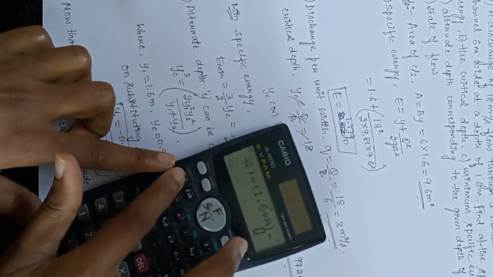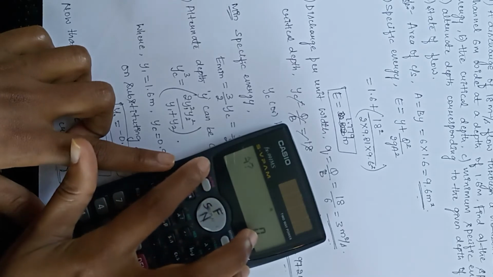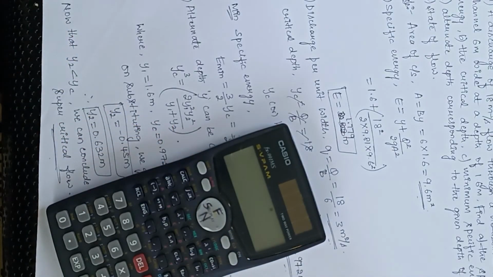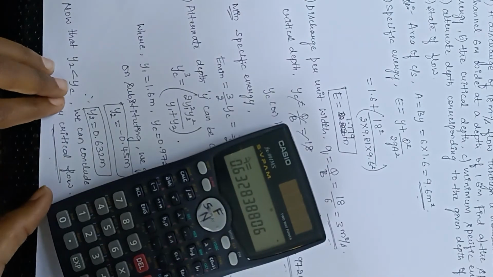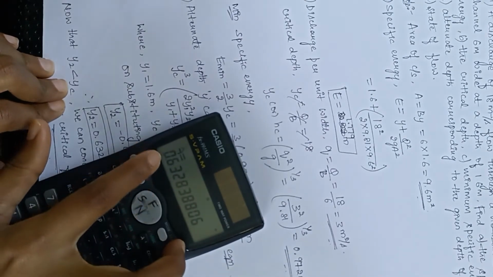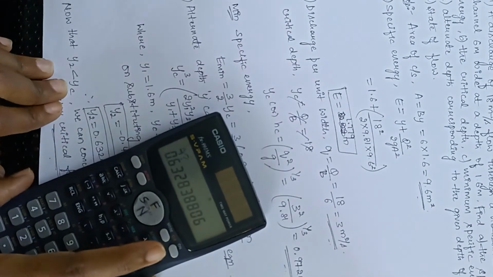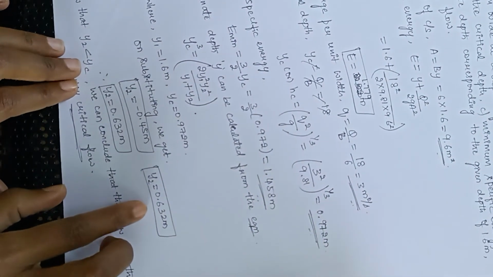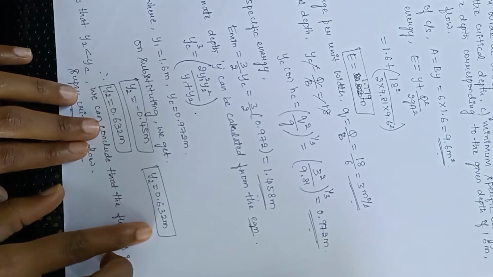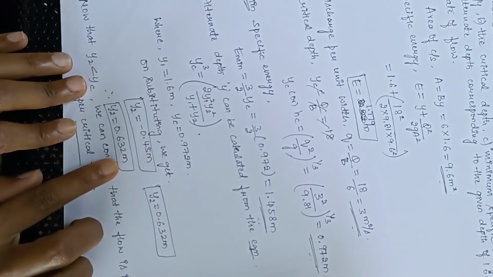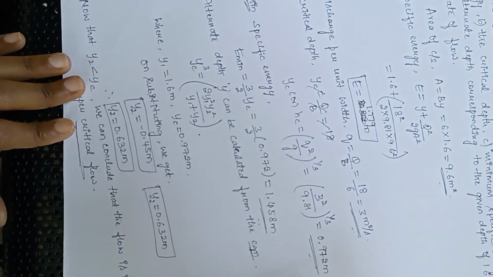Then you press shift solve. That gives you a value of 0.6328. So you will get a positive value of y2, which is 0.6328. That positive value represents your corresponding depth, y2.